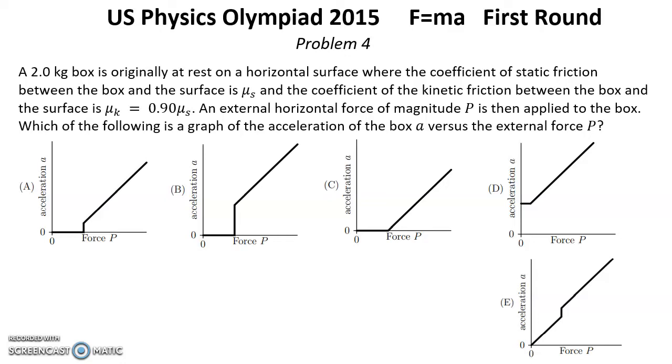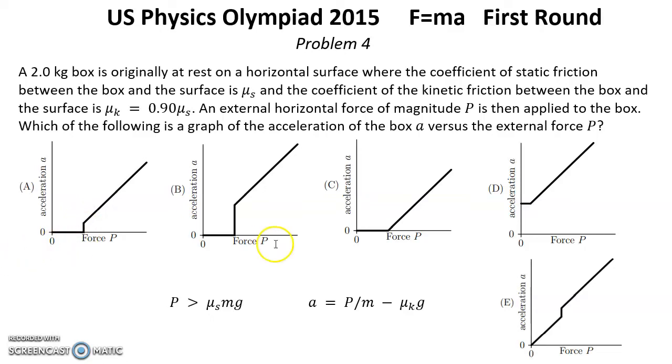Solution. The block will not move until the force exceeds some amount, which is given by this formula. And when the force reaches this amount, the friction will drop and the acceleration will jump according to the formula, acceleration equals this amount. It means that acceleration will have a jump at this point.